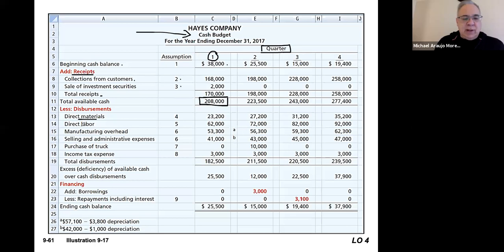Again, we did direct materials for the first quarter was $23,200. Direct labor is paid when it's happening. We needed 62,000 for that. Manufacturing overhead is paid as it's happening, minus depreciation. Okay, so that's another little factor here. $53,300.